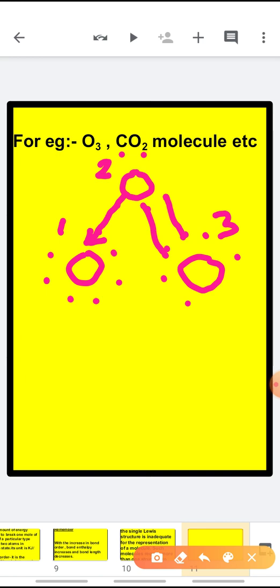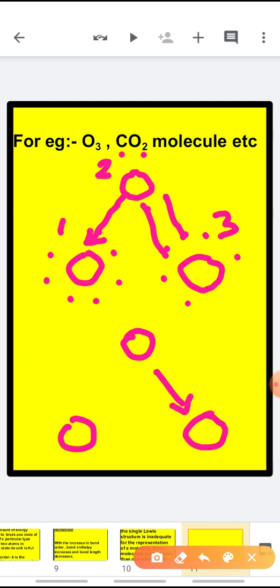But here both the bonds are equal. That means you can also show it like this. This bond is the coordinate bond and this bond is the double bond. So, it was later on observed that there can be a resonance hybrid of the two structures.